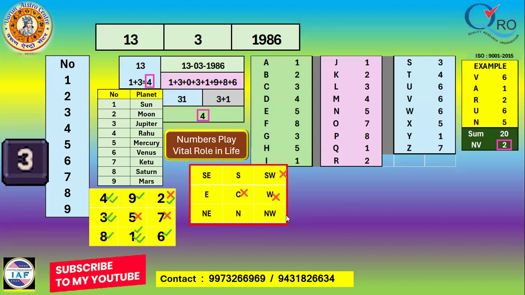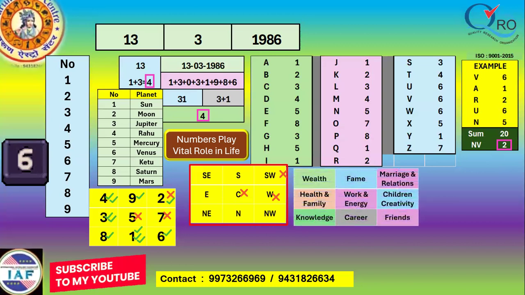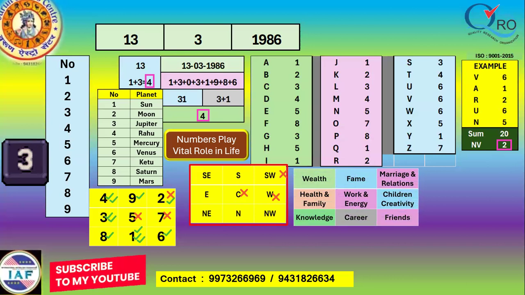The native's creativity quality may be a bit low. So this is all about this presentation, the quality of this particular birth date and what they are missing. So what do these number boxes symbolize?